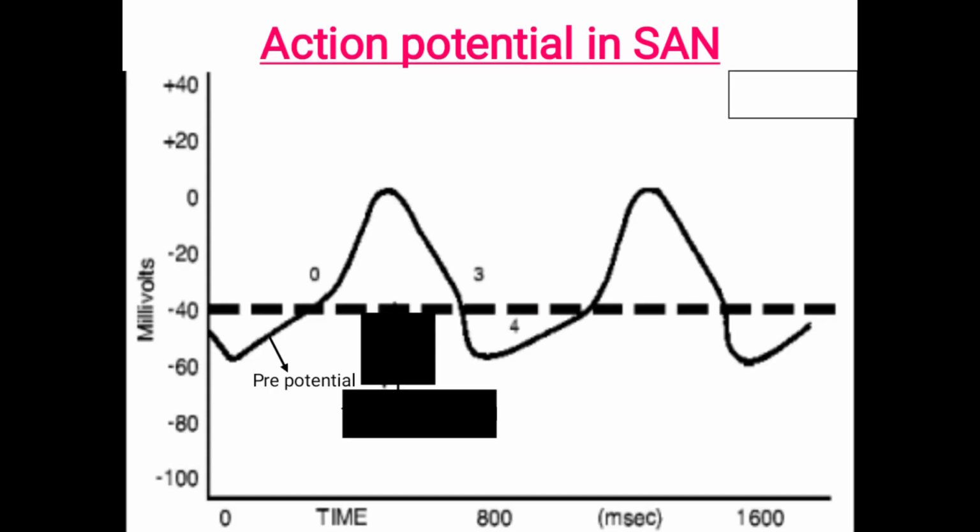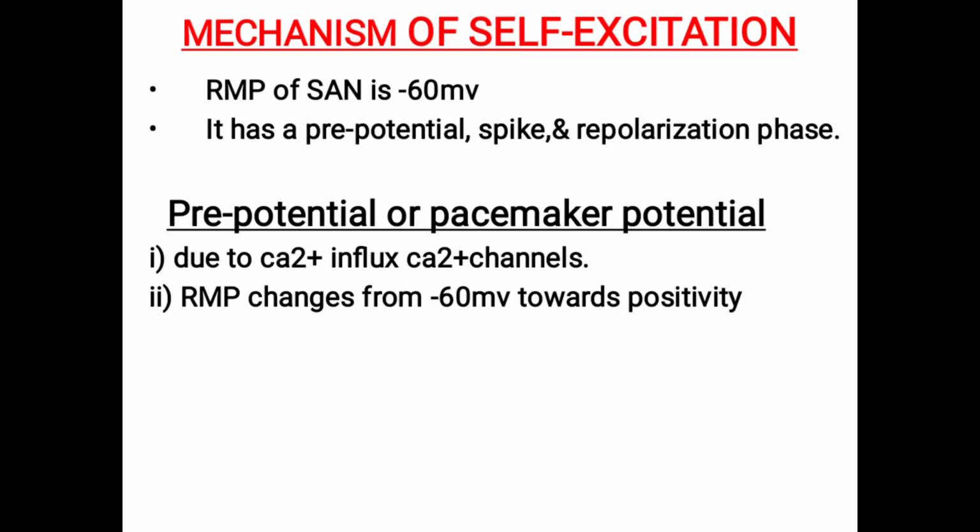This is how the action potential is generated in the SA node. This is the action potential. First I will tell what excitability is, the mechanism of excitation.